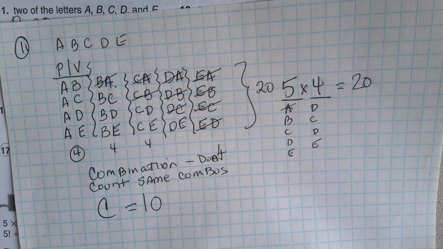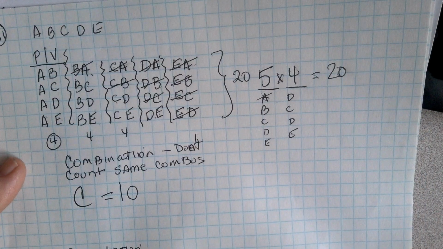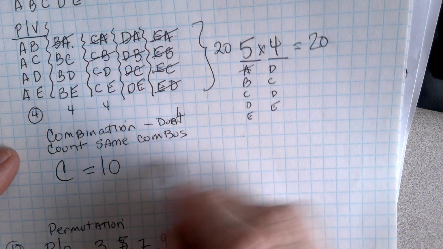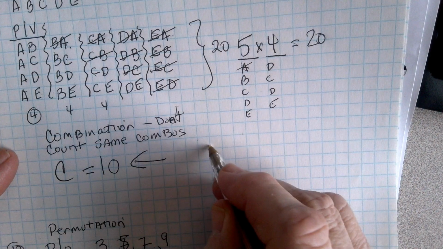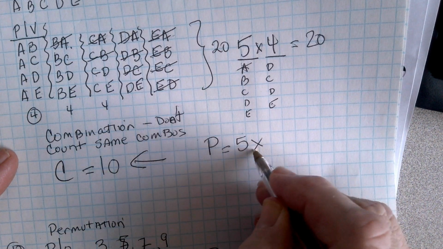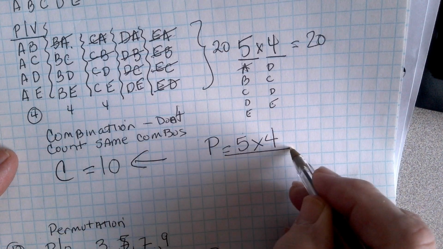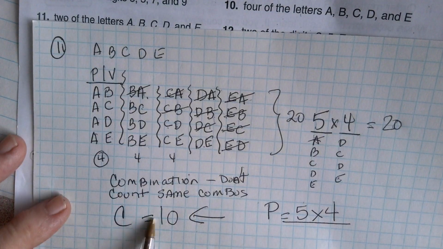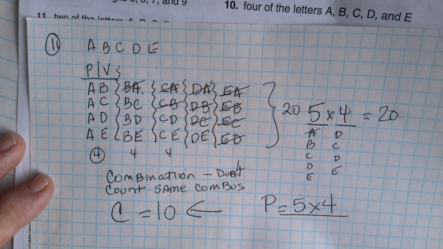Yes? The combination, can't you just undo it? Good thinking. It doesn't happen always, but here's how it works. To get this, you take your permutation, which is 5 times 4. And then, how many people were we having walk together? 2.